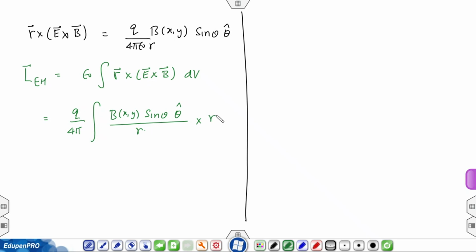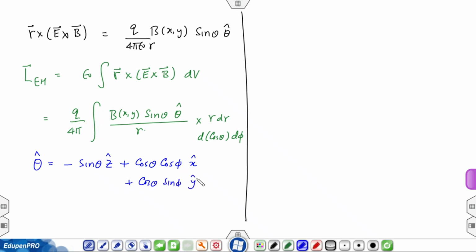It is r dr d cosine theta d phi. Let me write the theta unit vector explicitly. It is minus sin theta z plus cosine theta cosine phi x plus cosine theta sin phi y.